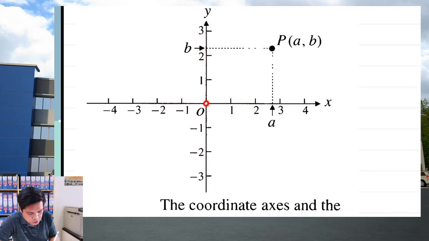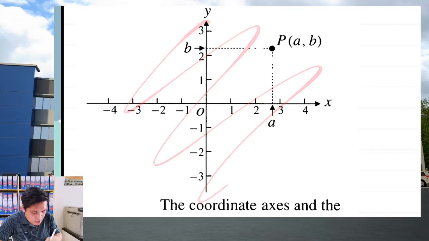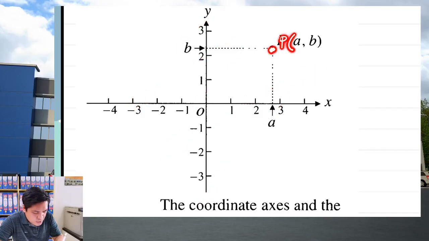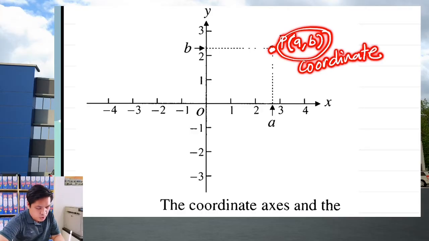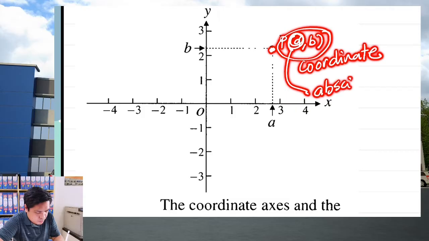That is the origin. Now, a point within this plane is described as an ordered pair (a, b). Collectively, this is called the coordinate of a point. The first element in this ordered pair is the abscissa, or the x coordinate.